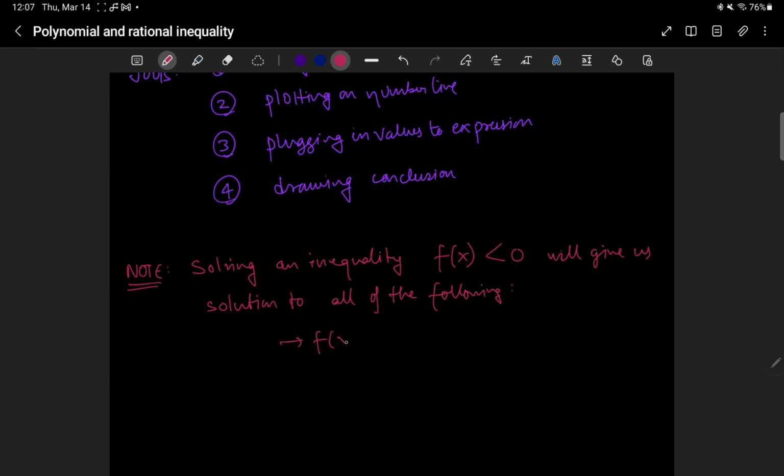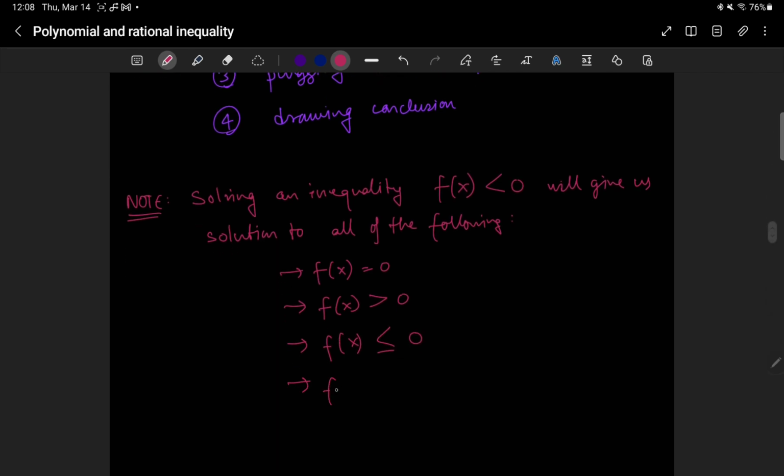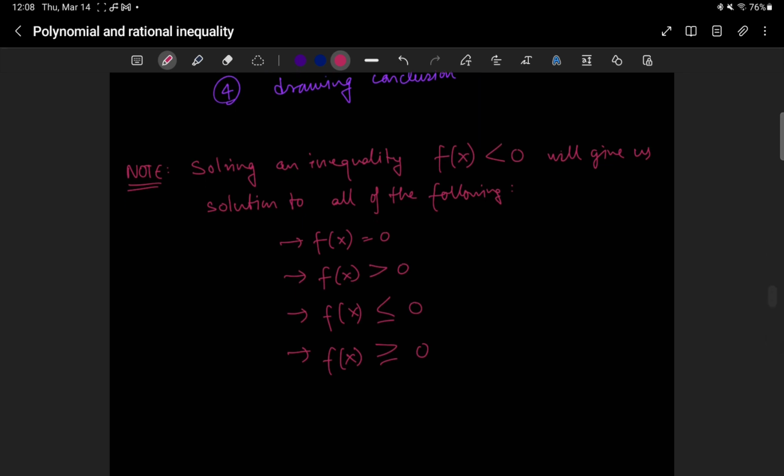It will give us solution to where it's 0. It will give us solution to where it's greater than 0. It will give us solution to where it's less than or equal to 0. And it will give us a solution to where it is greater than or equal to 0. So we can also say that it's just a process of analysis. Right? We're analyzing this expression to see what happens.